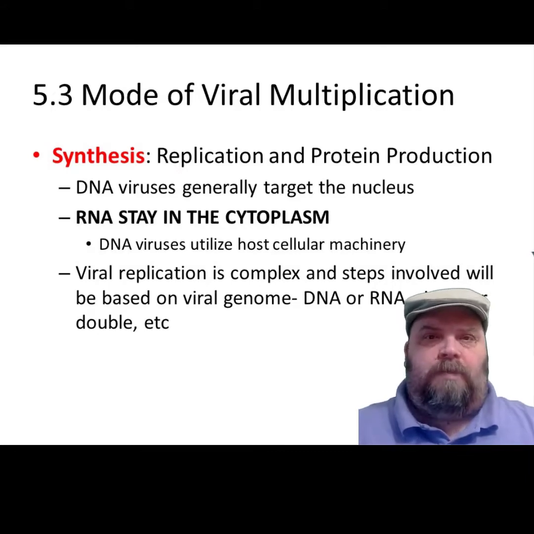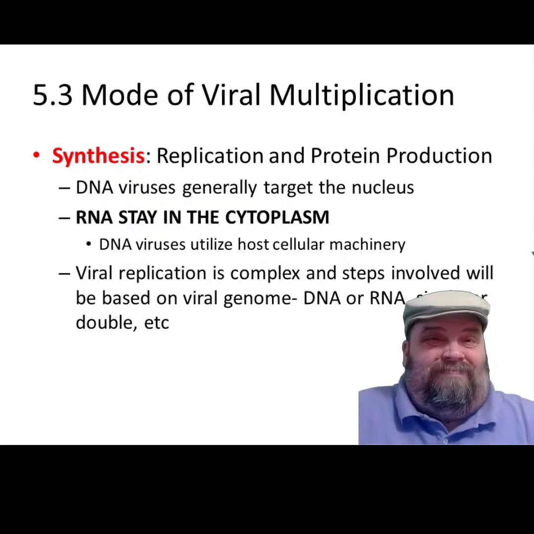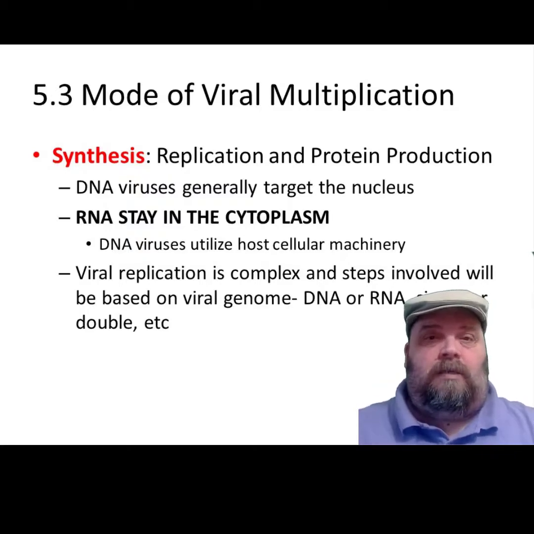A couple of rules of thumb here when it comes to viruses. If it's a DNA genome virus, that DNA is going to be trafficked, transported into the nucleus. Because once there, nucleotides are nucleotides. Our cells cannot tell the difference inside the nucleus of what is human and what is viral DNA.